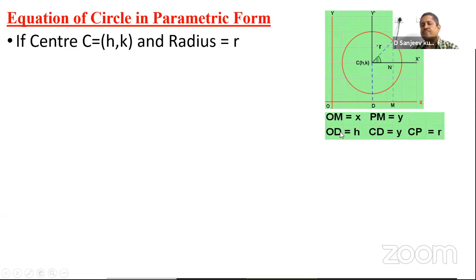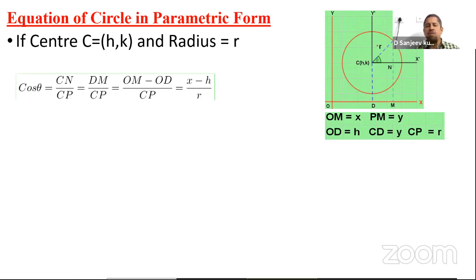The distance OD is the x value of the center, which is h, the distance CD is k, and the distance CP is r. So from the figure, OM is equal to x, PM is equal to y, OD is equal to h, CD is equal to k, and CP is equal to r.